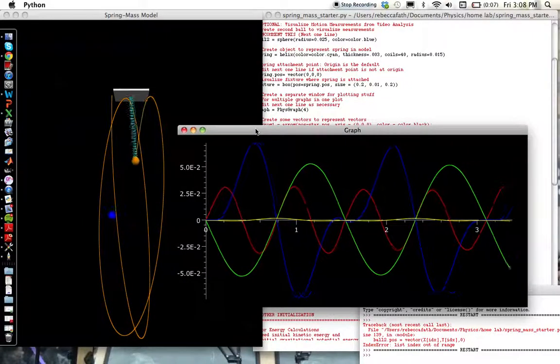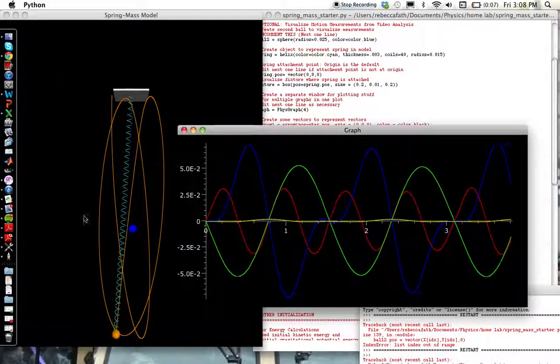It completely changes the system that we've had here. And as you can see, he's comparing it to the blue ball. It's completely different than what we had before.